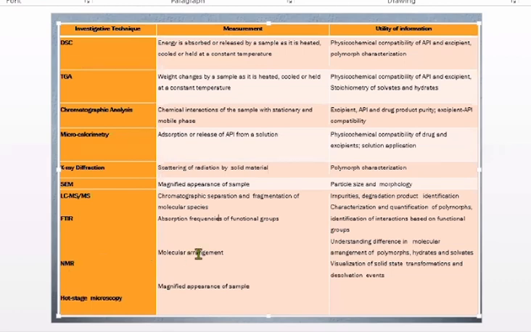Same thing with nuclear magnetic resonance, which looks at the arrangement of molecules in a compound. Each compound has got a specific NMR spectrum, which shows how molecules should be arranged. So once you combine with the excipients, if the arrangement of the molecules is disturbed, then you know that there's going to be an incompatibility, and you should only choose excipients which do not shift the molecular arrangement or the absorption frequencies of functional groups and so on. So the principle is simply the same in all these techniques that we get to use.